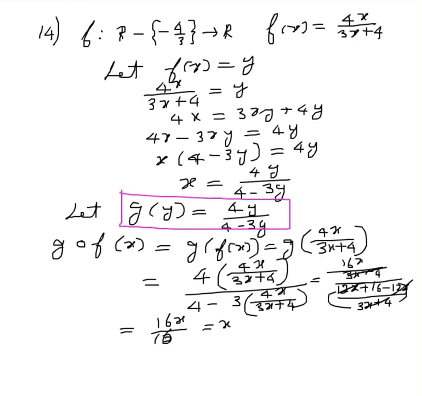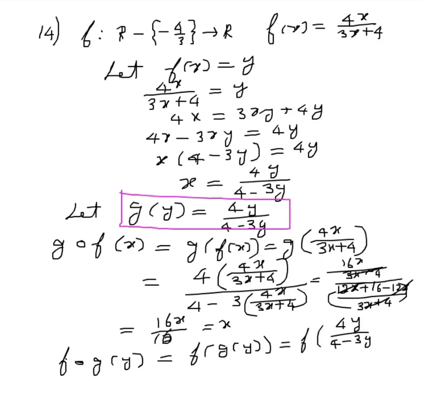We have proved that G composite F of x is x. Similarly, we are going to prove that F composite G of y is y. Now let us find F composite G of y, which is F of G of y. G of y function is 4y by 4 minus 3y. Now let us use the F function.